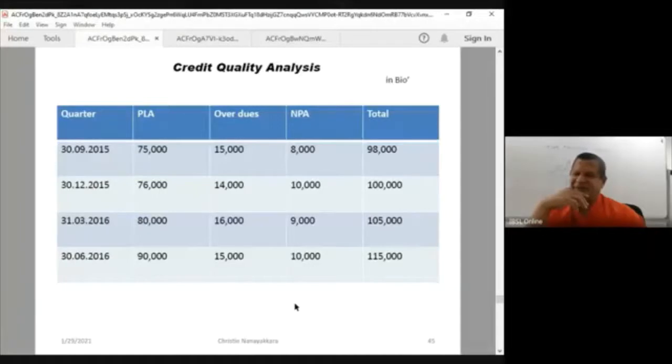Performing, you don't have to worry much because it seems these customers are not running the risk of counterparty. They have ample profits, and as a result, they pay you. Overdue customers are not bankrupt, but they have difficulties. That's where you need monitoring by the bank, and sometimes if things get worse, they get into the non-performing category.